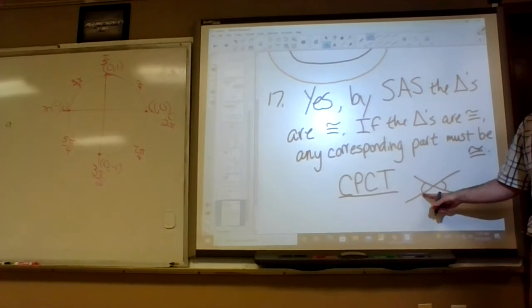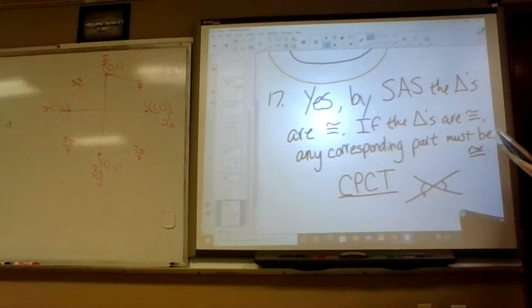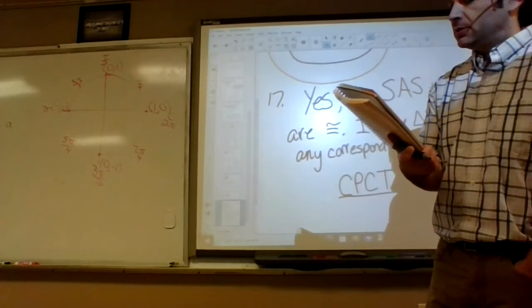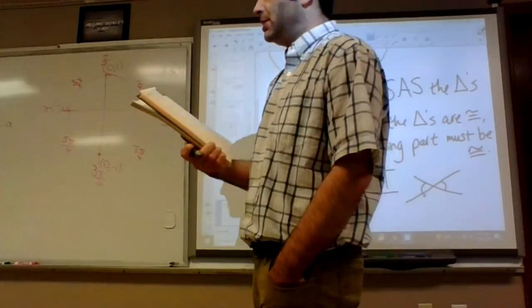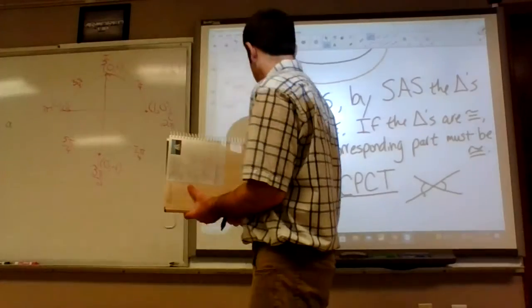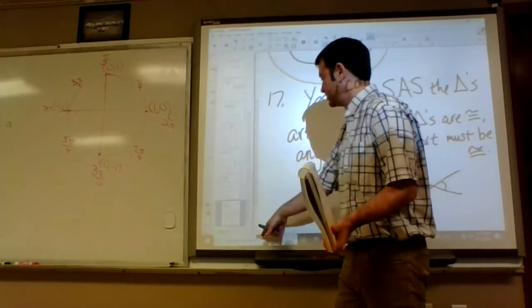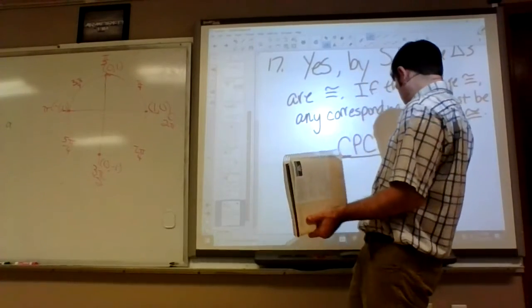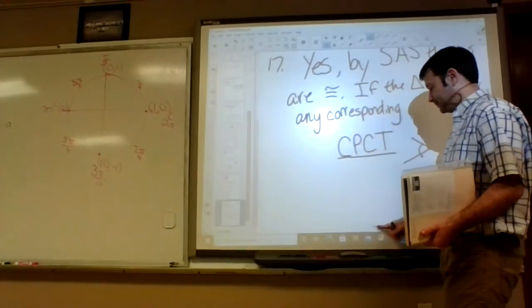They're called vertical angles. Angle ACB is congruent to angle ECD. You're not supposed to be memorizing what I'm saying. You're supposed to look at the picture to understand what I'm saying.